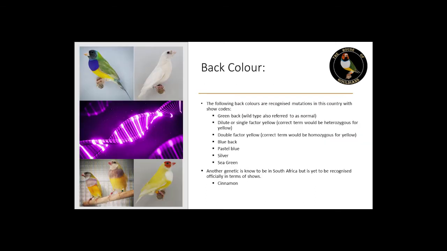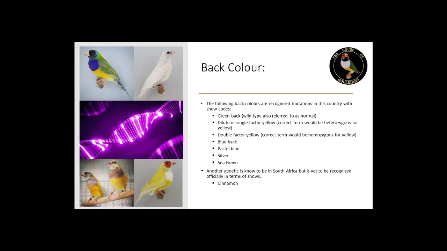The following back colours are recognized mutations in the country. The greenback, which is the wild type, also referred to as the normal. You then get the dilute or single factor yellow. The correct term for this is actually heterozygous for yellow. You then get a double factor version, which is referred to as homozygous for yellow.